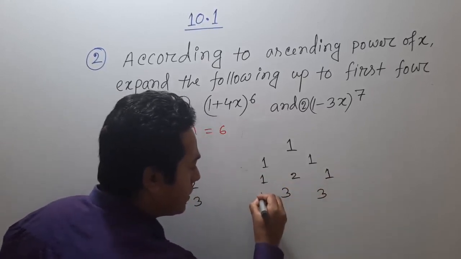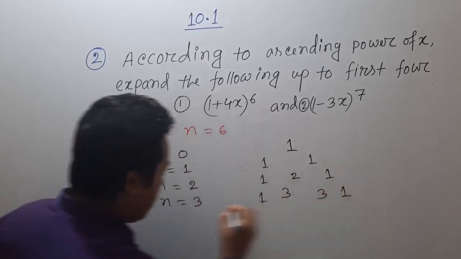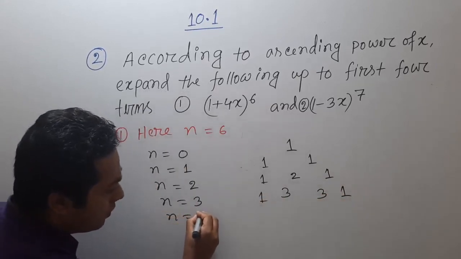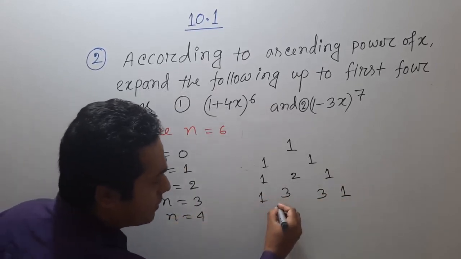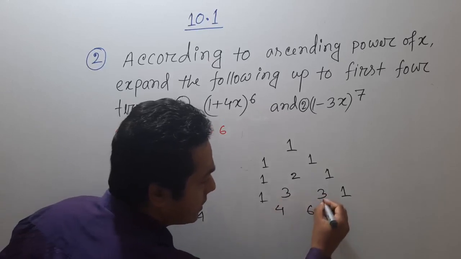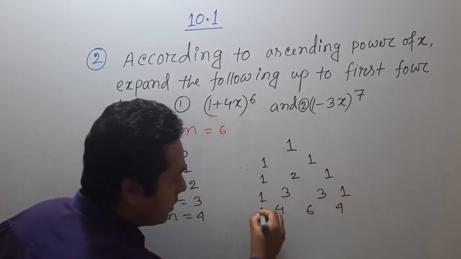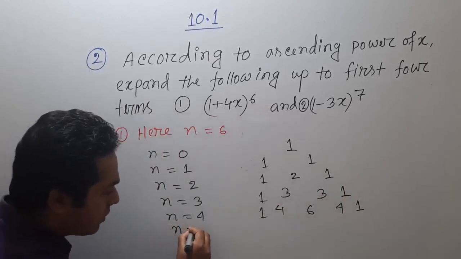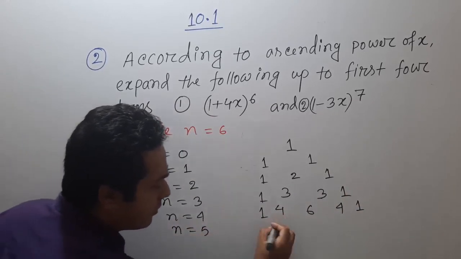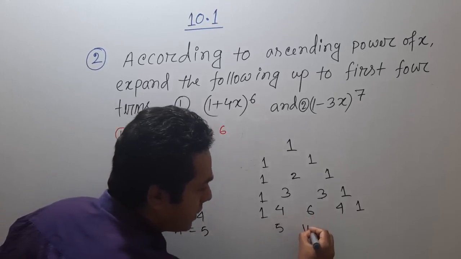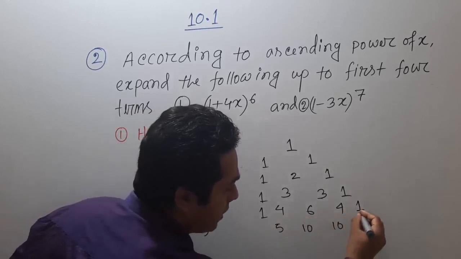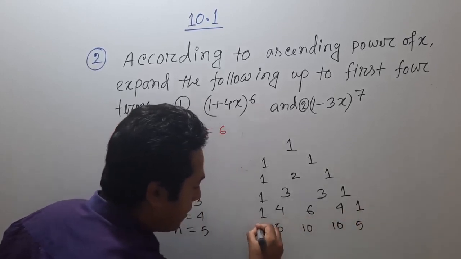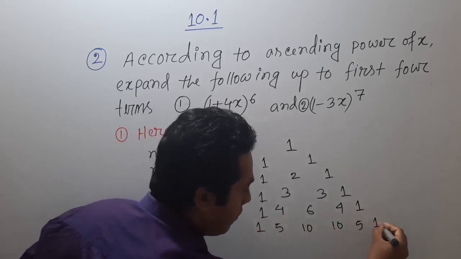For n is equal to 4, the additions give 4, 6, 4, with 1 and 1. For n is equal to 5, we get 5, 10, 10, 5, and 1 and 1.